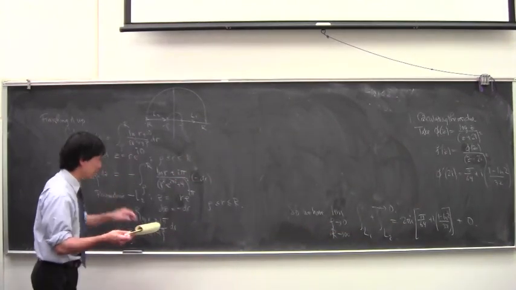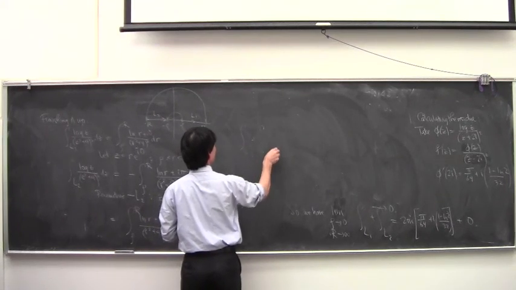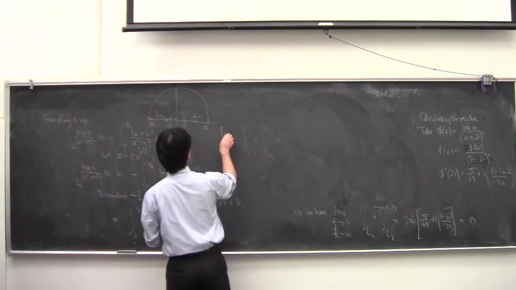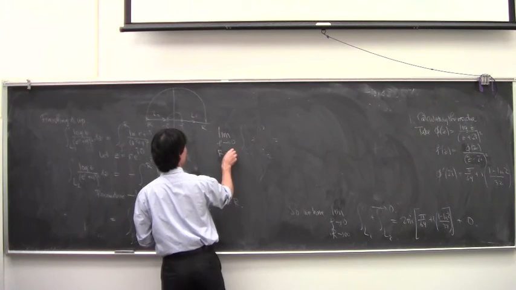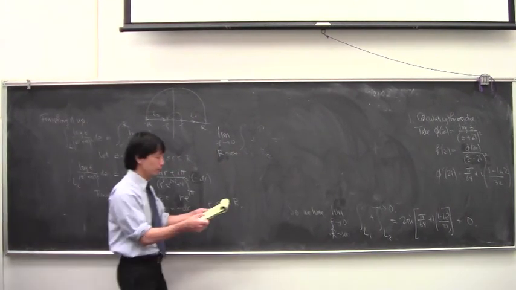So putting it all together, the integral over L1 plus the integral over L2. What does that turn out to be? The limit as rho goes to 0 and r goes to infinity of the integral over L1 plus the integral over L2.